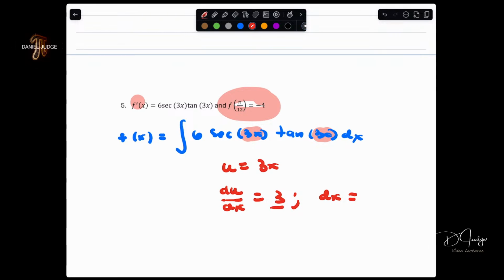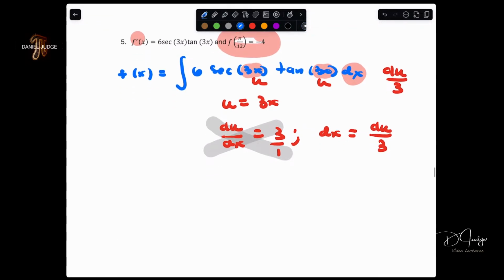Cross multiplying, if we create a proportion again, we'll find dx will be du over 3. So we're going to replace everything and substitute everything here. This is our u. Replace dx with du over 3.